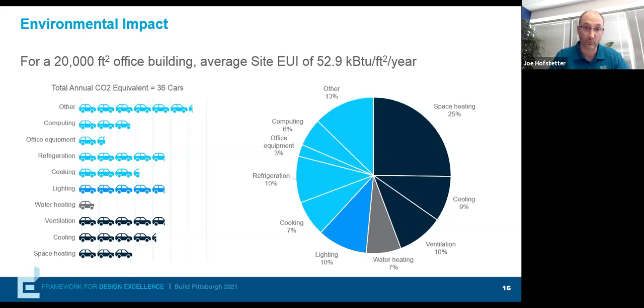Back to this pie, that explains that there's a significant amount of it that's out of our control. So when we're having conversations with owners, it's important to differentiate what a building is going to consume based on the operating characteristics and the design characteristics, and to explain that early and get to a consensus on what our target is going to be.